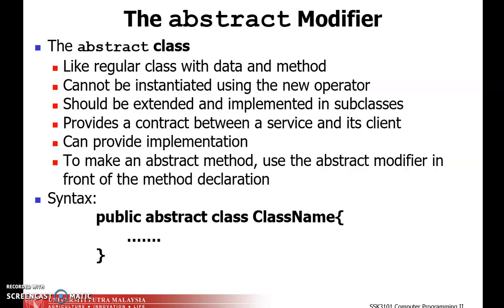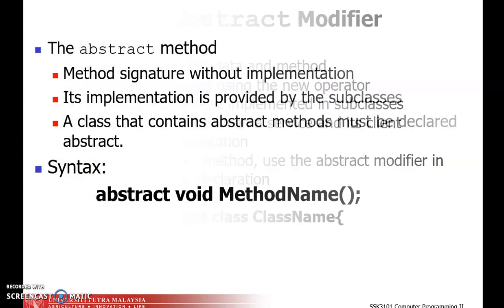Abstract classes can provide implementation, however, they cannot be instantiated using the new operator. The following syntax demonstrates how a public abstract class can be declared. As compared to the concrete class declaration, an abstract class includes the keyword abstract in its declaration. Simple and straightforward. We move to the next slide.